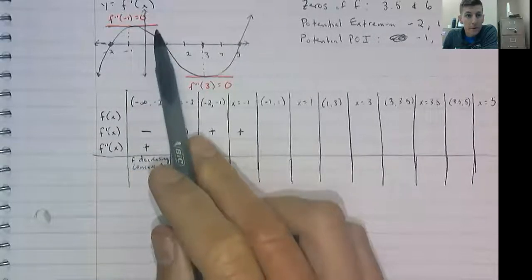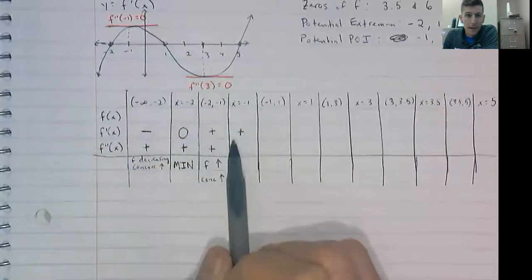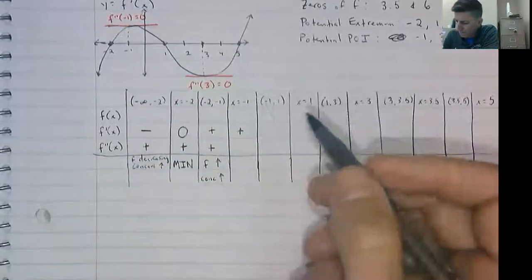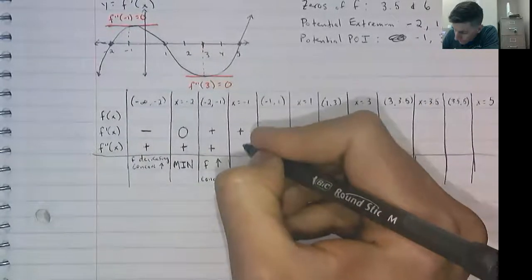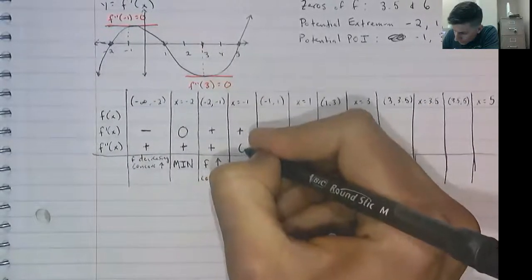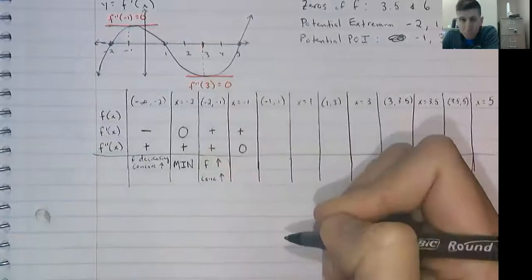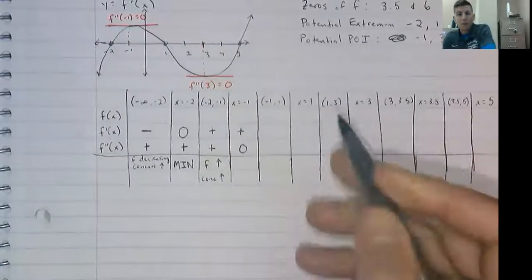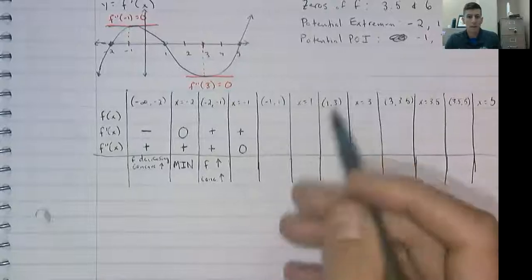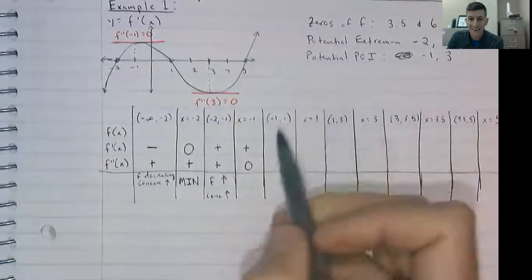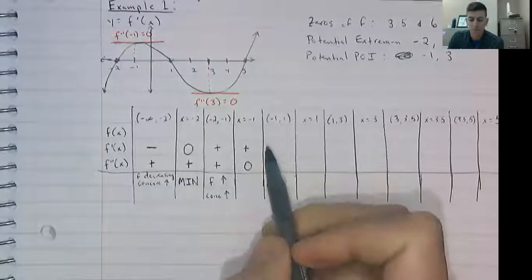We're still an increasing function, but the second derivative, this is our 0 spot. Okay. Before we can conclude that this is a point of inflection, though, we need to look to the right and see, does the sign of our second derivative change?